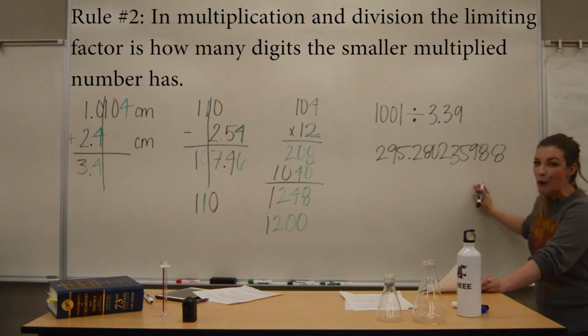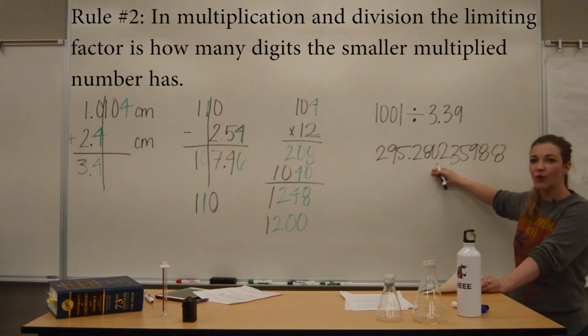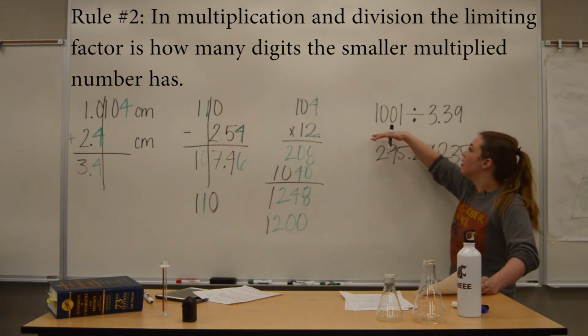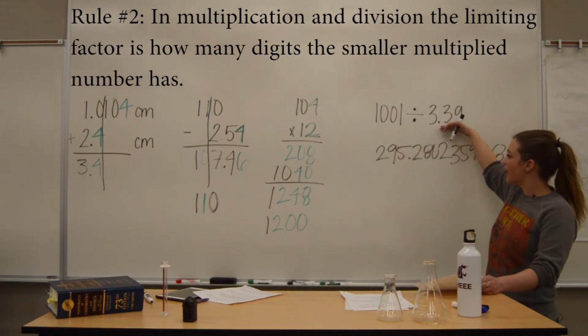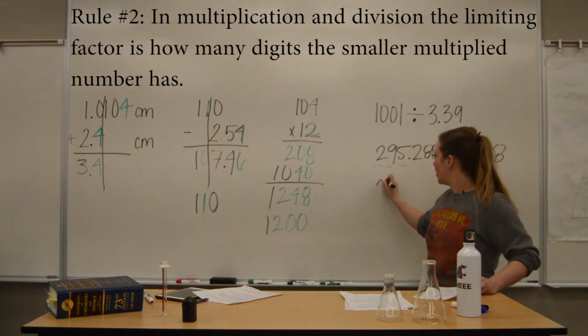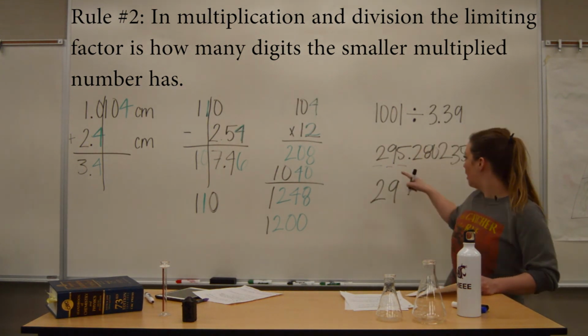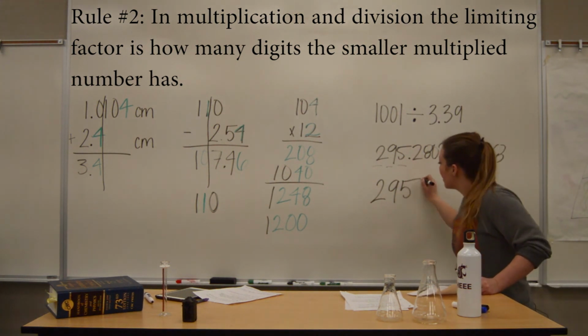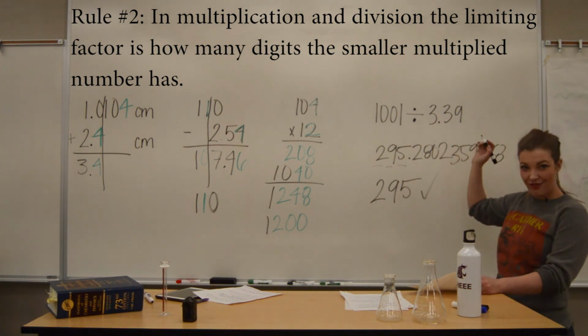These numbers don't matter. It's a waste of your time to write all this out. So let's see how many sig figs we should actually report in our answer. This has 4, this has 3, so we should only report 3. So I'm getting 295. Let's check the number to the right. That's a 2, so it stays at 295.